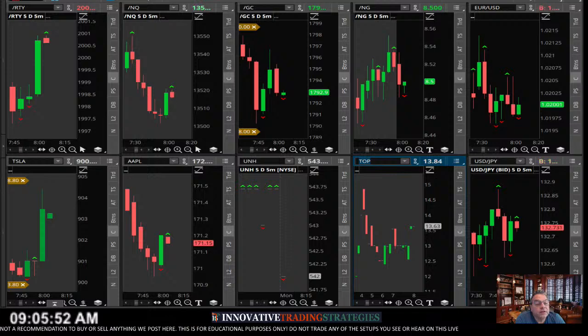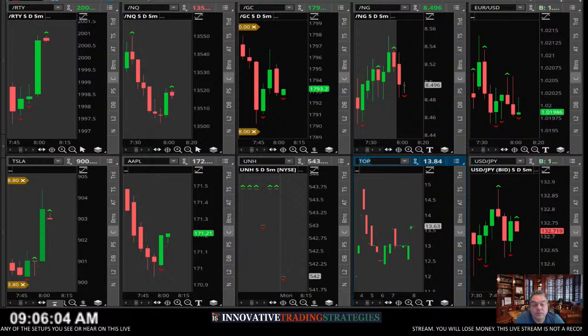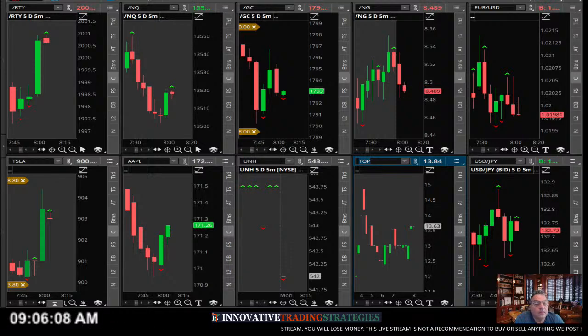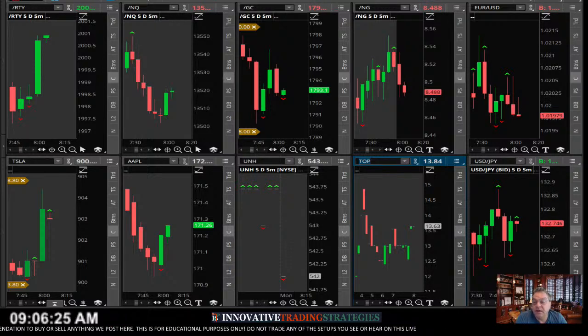I'll take a better look at this US yen. I see a 132.77 short on the US yen.